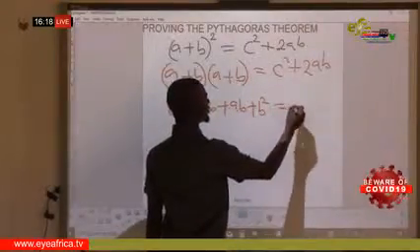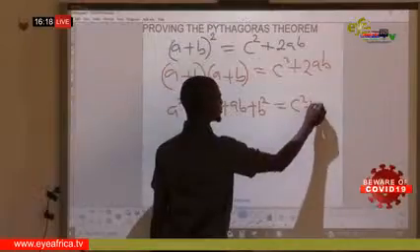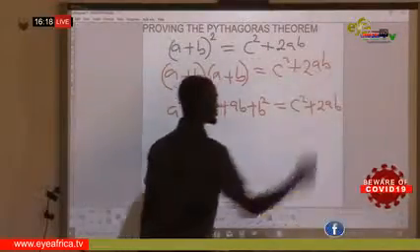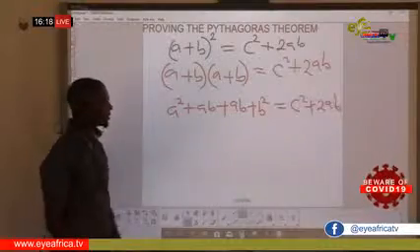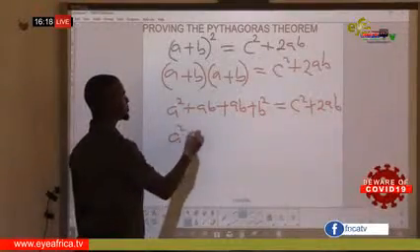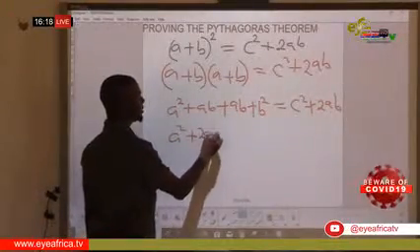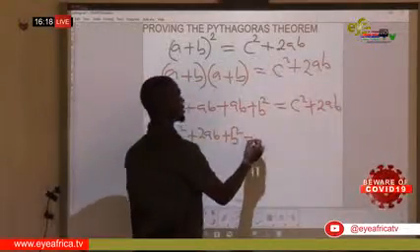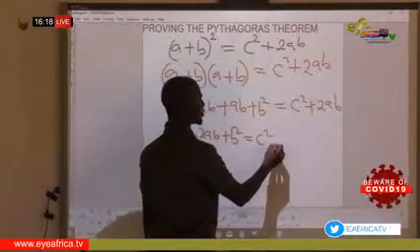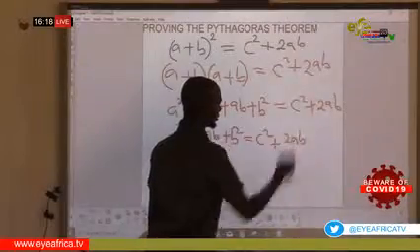This is equals to c square plus 2ab. If you collect like terms here, you will have a square plus 2ab plus b square. This is equals to c square plus 2ab.